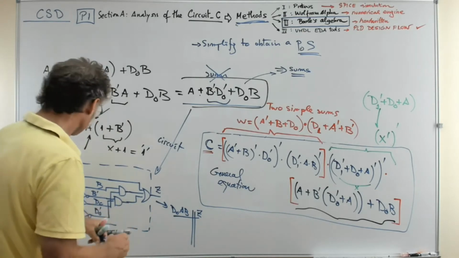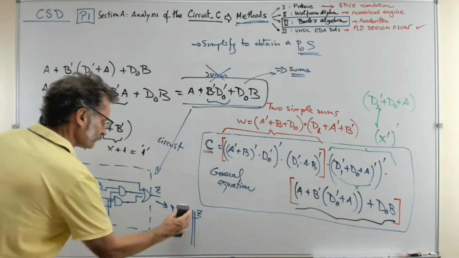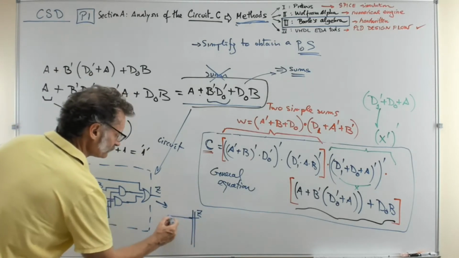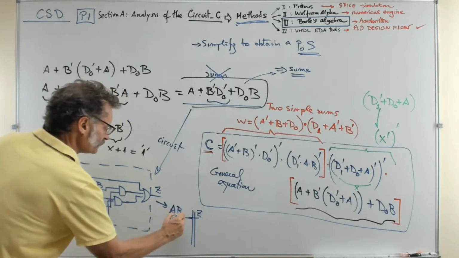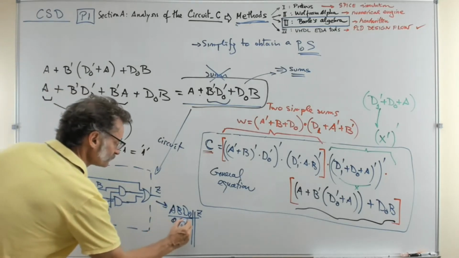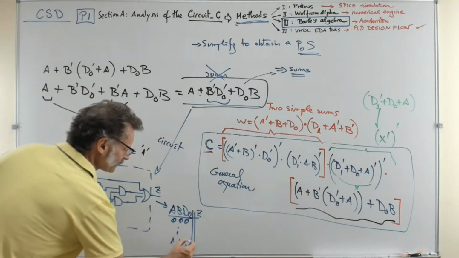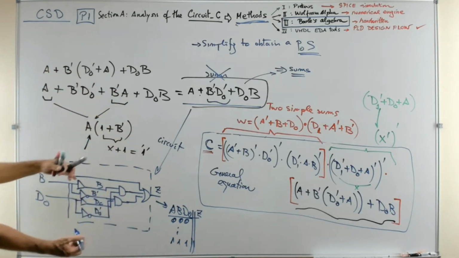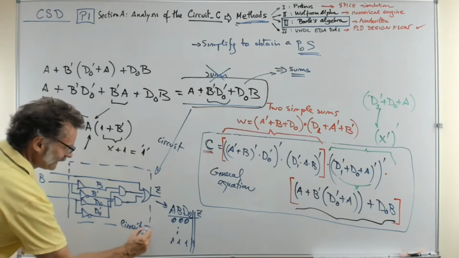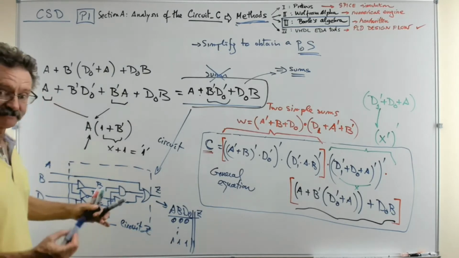Well, let's do it in another order, just to show you that the order does not matter later. The order may be A, B, and D0, doesn't matter. What you want now is to find the truth table of this little circuit. You may call it circuit Z.